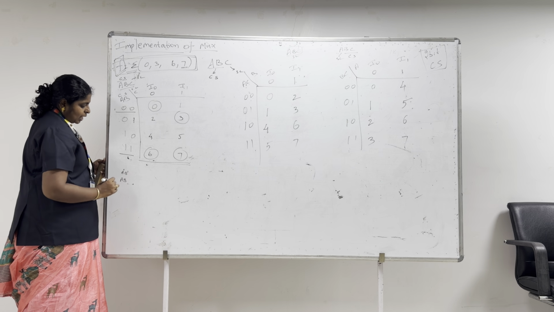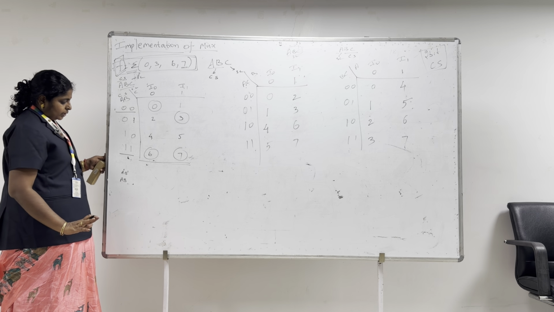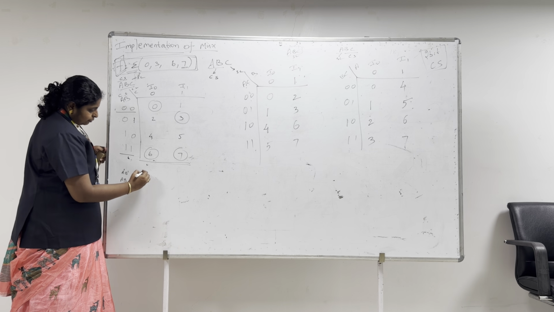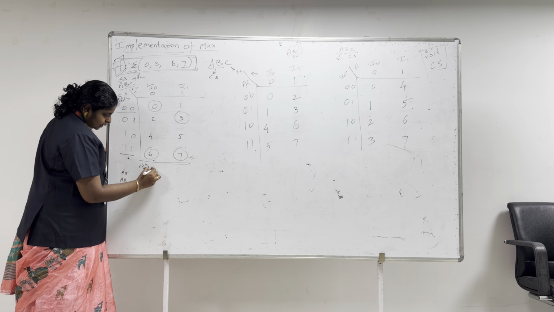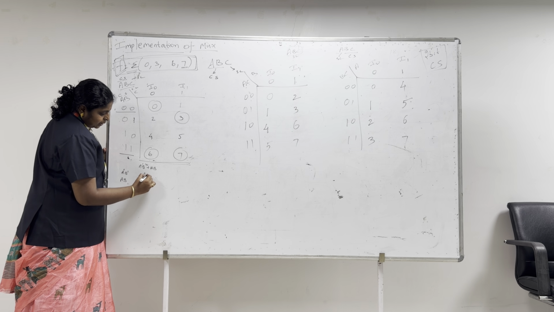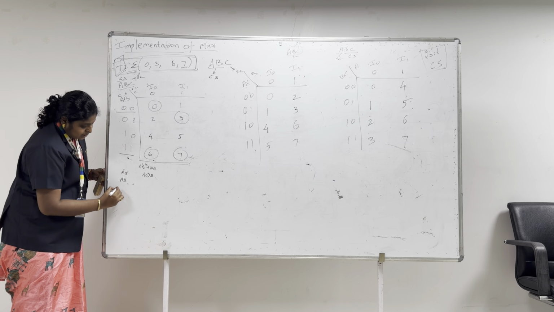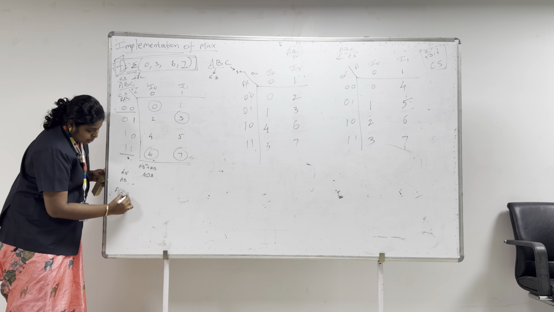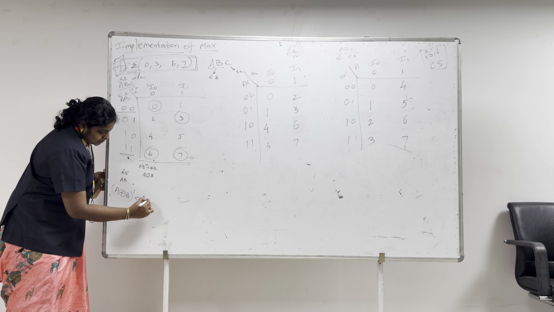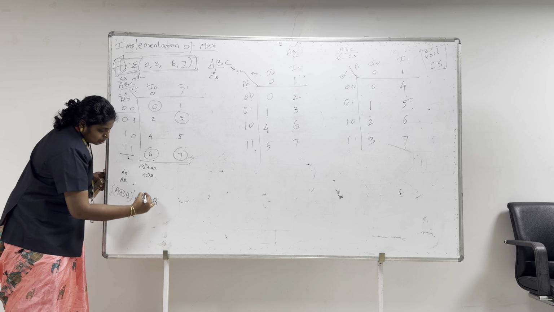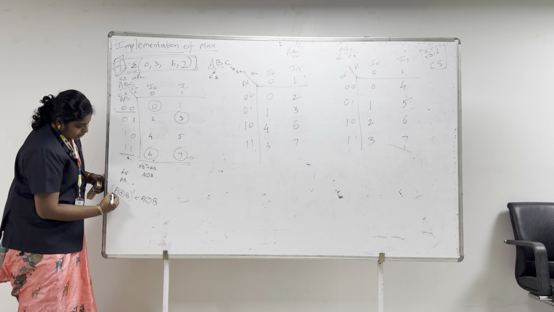So you have to take the common term. Here a common term is not present, they are completely different, and therefore take as such A bar B bar plus AB. This can be written as A XNOR B. Complement of XOR is nothing but XNOR.